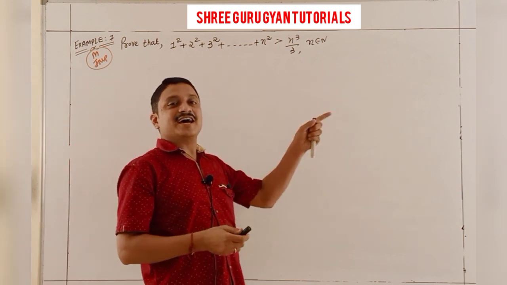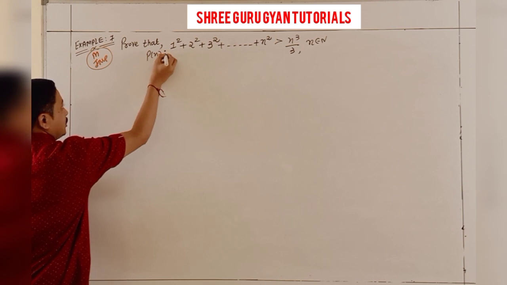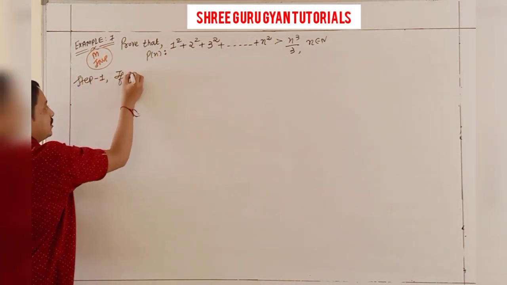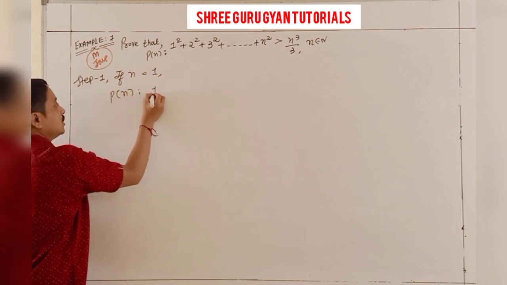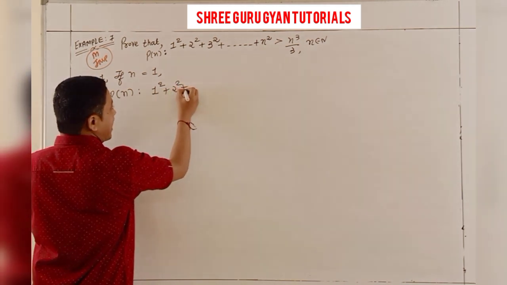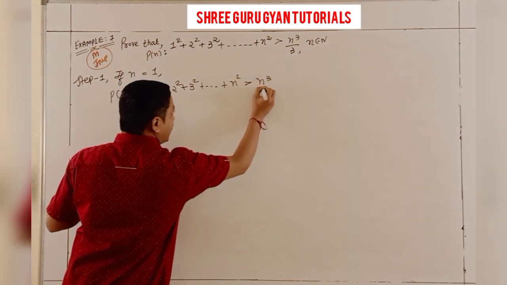Start step 1. That is your P of n. Consider your question as P of n. Step 1: if n is equal to 1, what is the P of n I just wrote? 1 square plus 2 square plus 3 square and so on is greater than n cube by 3.